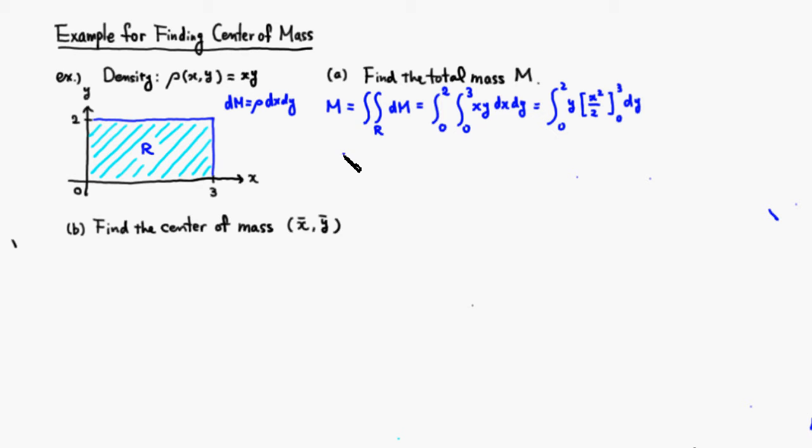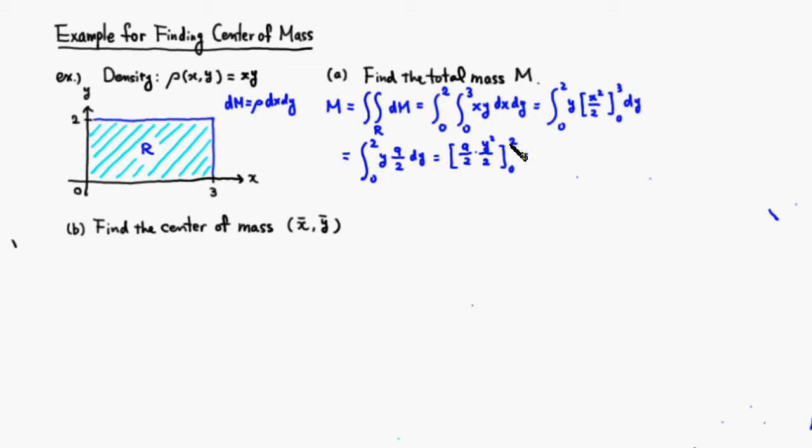So this is going to be equal to the integral from 0 to 2 of y, plugging 3 in, you have 3 squared over 2, so it's 9 halves, dy. 9 halves is just a number, and the antiderivative of y is y squared over 2, going from 0 to 2.